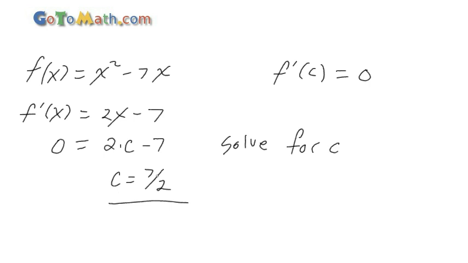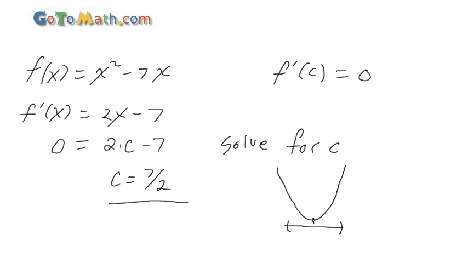Now this gives us some good information. In this particular graph, it's a parabola, and this happens to be a relative minimum, and by relative I mean within some interval.